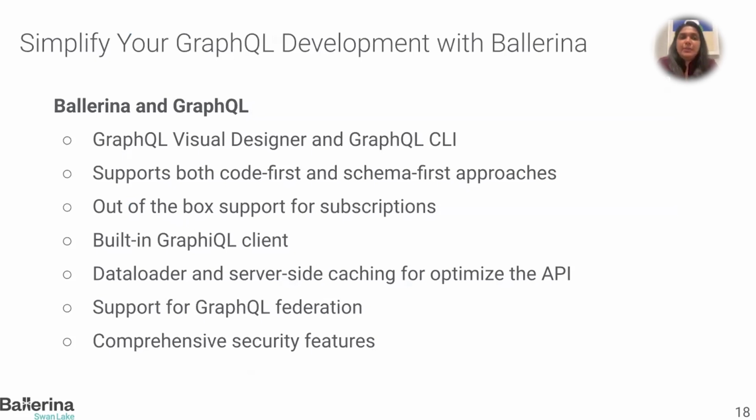And also, Ballerina supports both code first and schema first approaches. That means if you have the schema at hand, you can generate the Ballerina GraphQL service code using the Ballerina GraphQL CLI. That is the schema first approach. On the other hand, if you are developing your GraphQL application from scratch, you can use the Ballerina code, and after that, you can generate the schema out of it so that you can share it with the rest of the clients and so on.